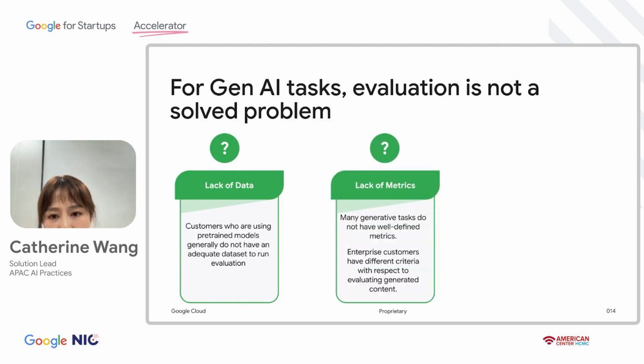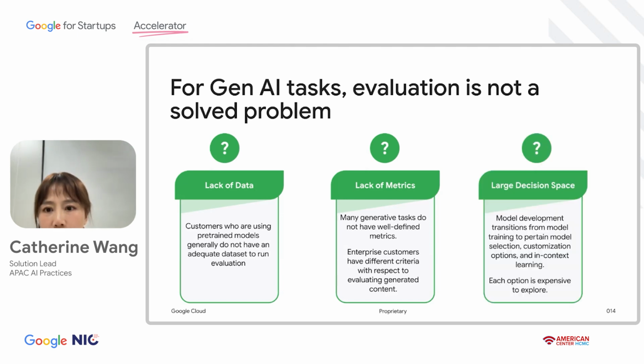The second is lack of metrics. As I mentioned, we have so many academic or numeric metrics that we can use to measure the output. But in which use case you need to choose which metric is very tricky. And the third one is the decision space is very large, right?